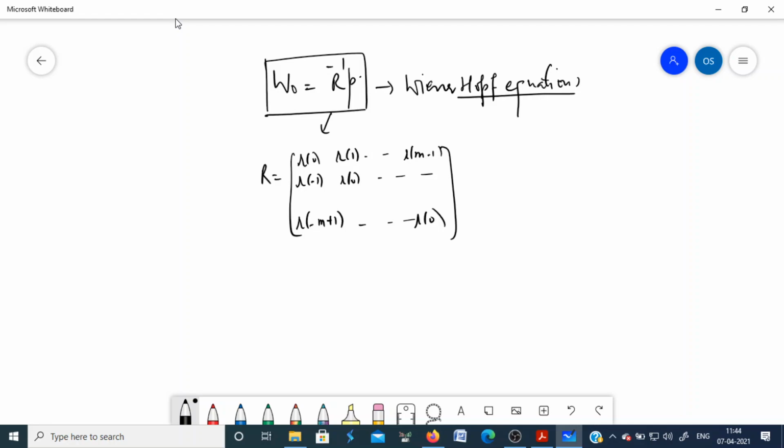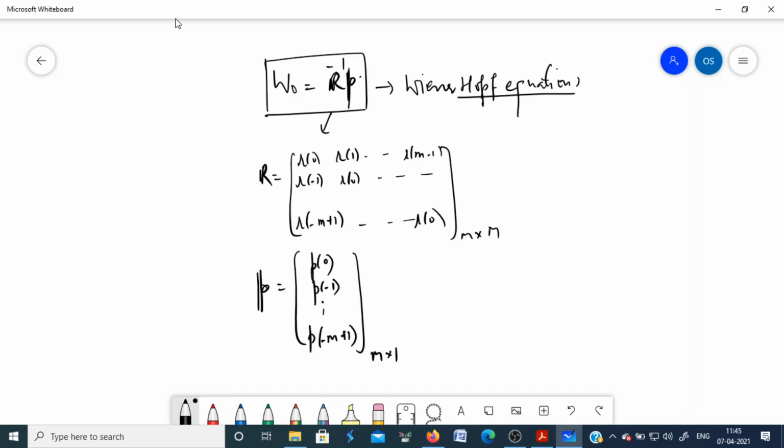And this P, now these will be bold letters because these are vectors. R, and similarly P. R is an M cross M matrix. P is an M cross 1 column vector, with elements P of 0, P of minus 1 to P of minus M plus 1.